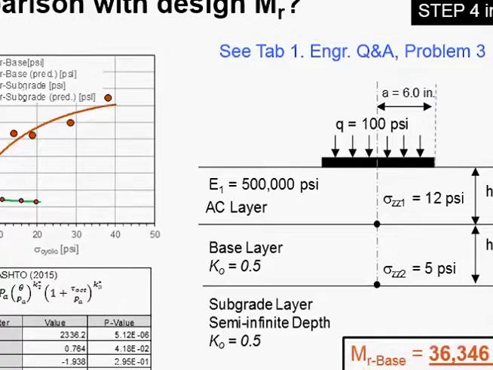We can back calculate using an APLT the modulus values for each of those layers. And then given that design stress in our universal model, we can calculate the modulus for both the base and the subgrade. So it's a pretty straightforward process. We haven't invented anything new here, but I think it's helpful, especially for the geotech folks, to be able to take a design value and translate that back into a field target value.